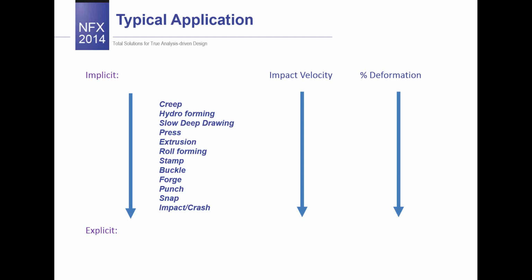So there is of course some area where both of the methods may be used. For example, creep, hydroforming, and slow deep drawing are examples where the implicit algorithm will be sufficient, and the explicit method may be necessary for problems that include material nonlinearity, as we discussed before.